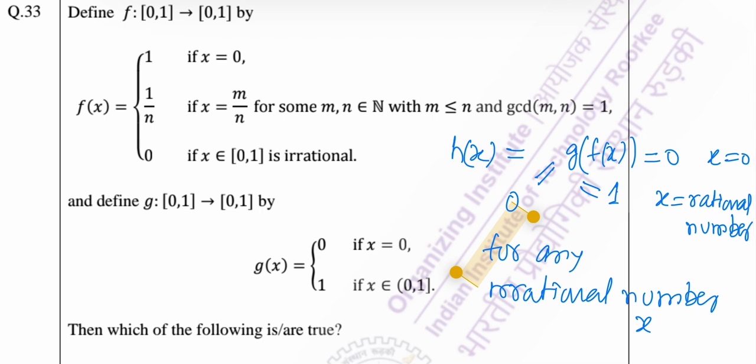Those two limits will not be equal to each other. And one more thing, in a nutshell, we say that h(x) is 0 when x is 0, h(x) is 1 when x is a rational number, h(x) is 0 when x is an irrational number.